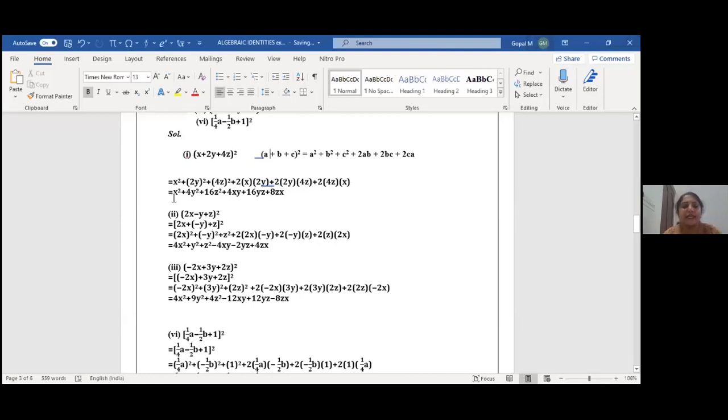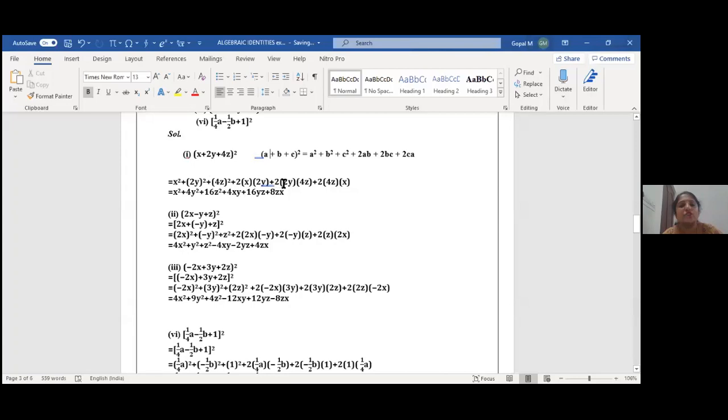Okay. Next, x square, (2y) whole square. This whole square means that the square is for both 2 and y. So 2 square is 4, and y square. Same thing, (4z) whole square: 4 square is 16 and z square. Plus here, 2 2s are 4, x into y, xy.